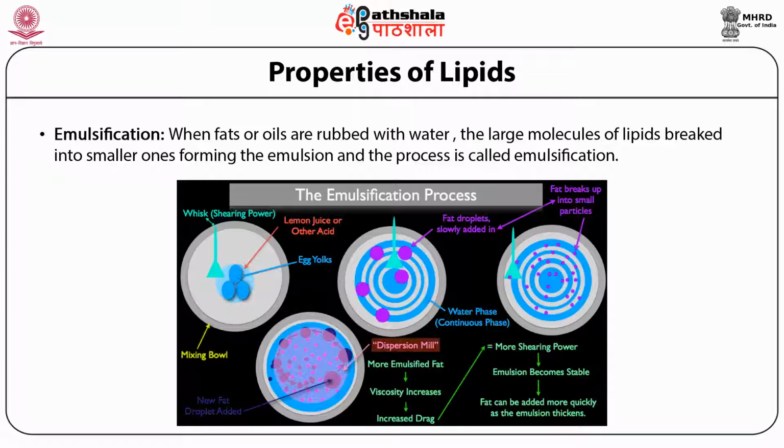In this pictorial diagram, this emulsification process is shown. We can see how fat droplets are slowly added in a water phase and dispersed, finally broken down into small particles.